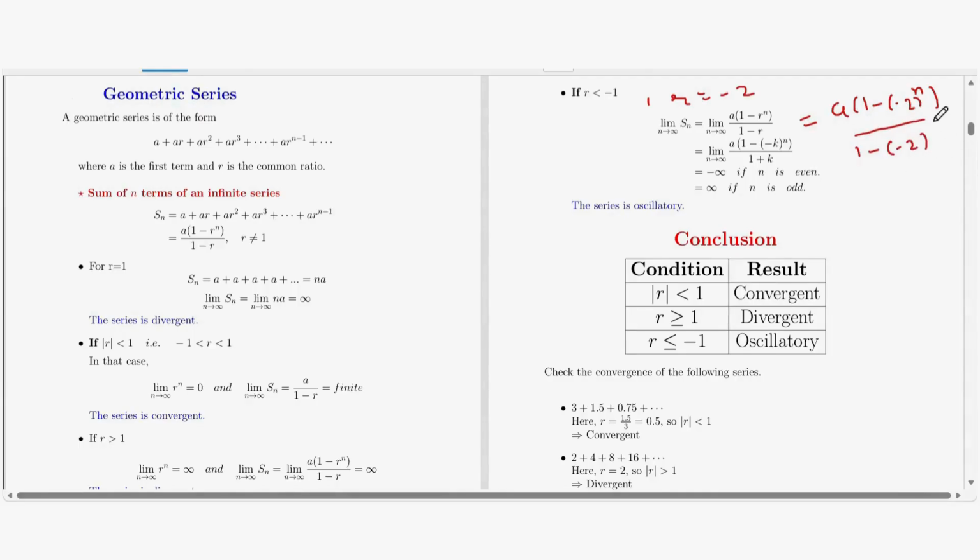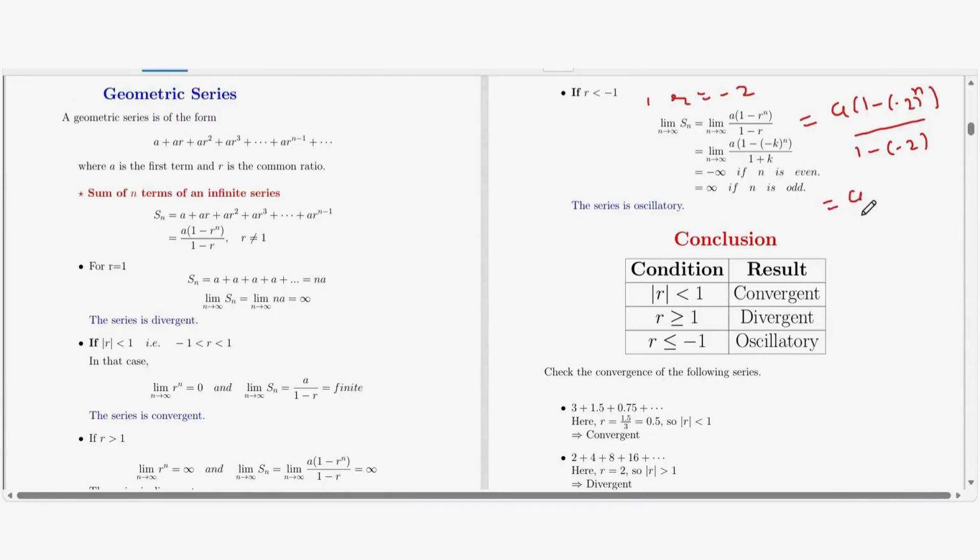So now here, minus 2 raised to n. Here two possibilities. First, n is even. When n is an even number, this quantity becomes positive. And 2 raised to infinity, here the limit n tends to infinity, so 2 raised to infinity becomes a very large number, infinity. So what do we get?